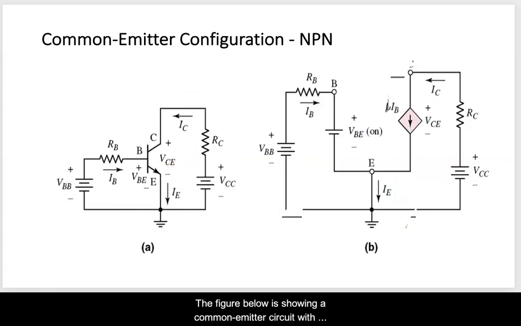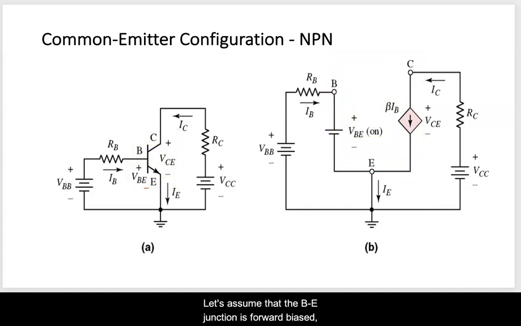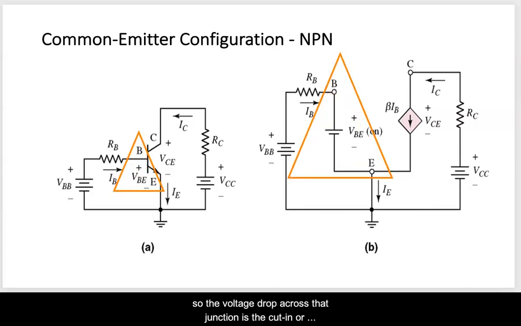The figure below is showing a common emitter circuit with an NPN transistor and its DC equivalent circuit. Let's assume that the base emitter junction, or BE junction, is forward biased. So, the voltage drop across the junction is the cut-in or turn-on voltage VBE on.